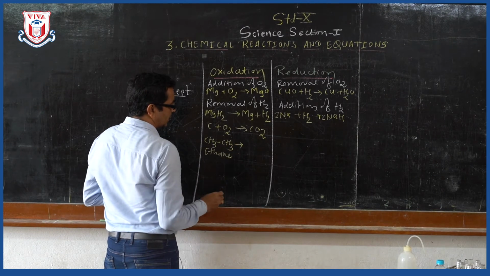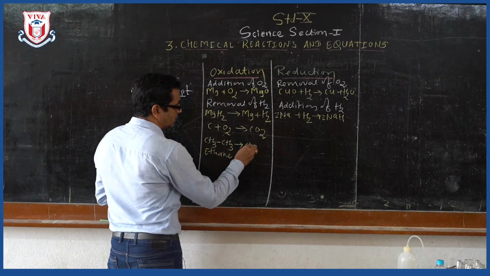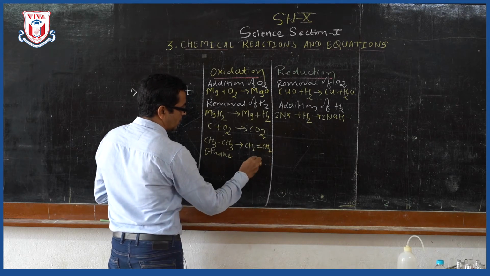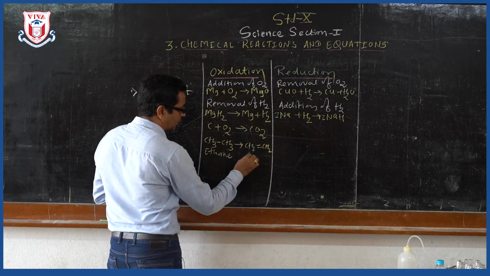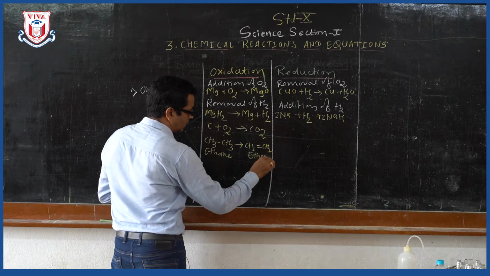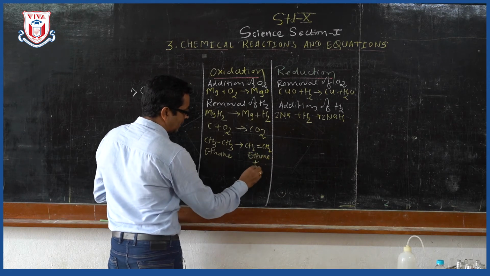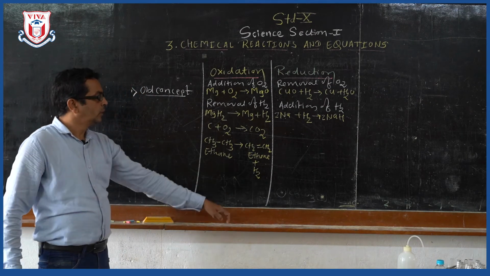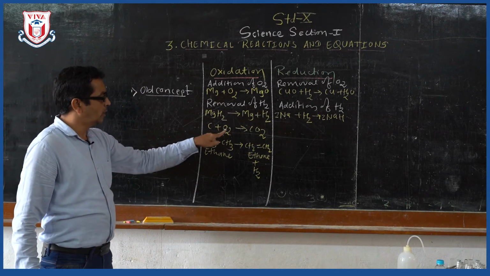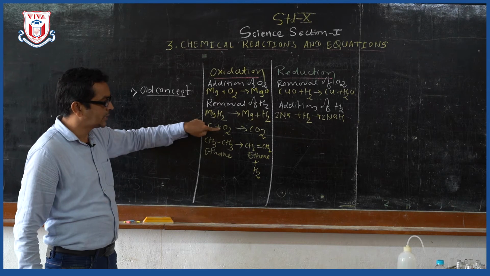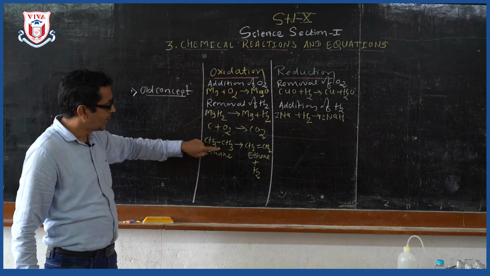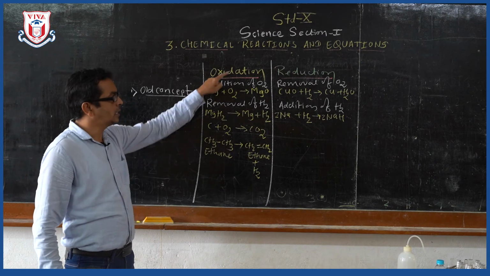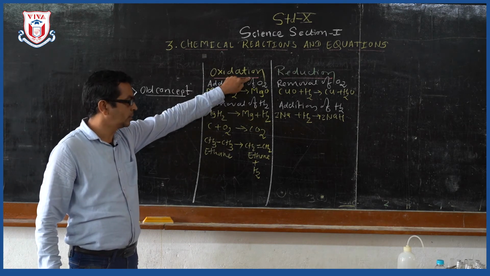From this you remove hydrogen, you will get CH2=CH2, which is ethene, plus H2. So hydrogen is removed. This is the reaction in which hydrogen is removed, called oxidation.